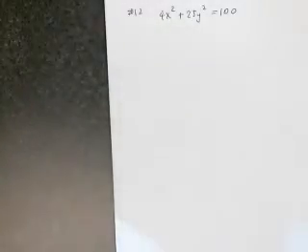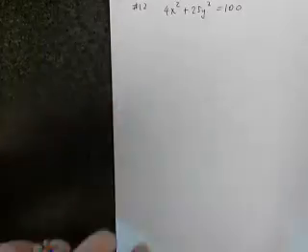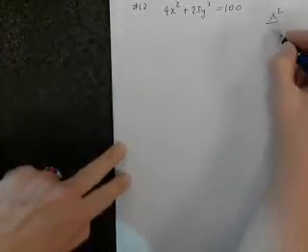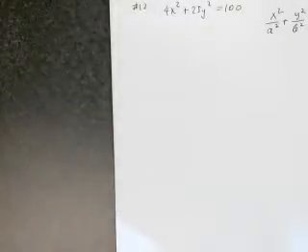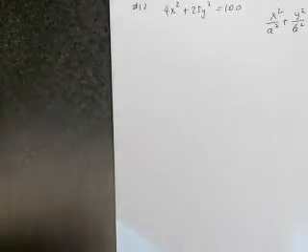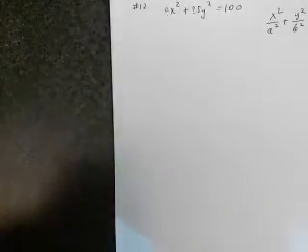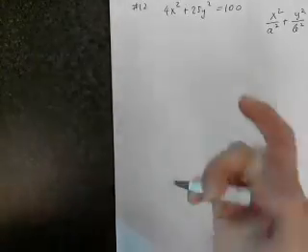The question is, is this an ellipse? I don't know. The equation of an ellipse has to look like this. Therefore, what would you recommend we do first? I have to divide by 100.